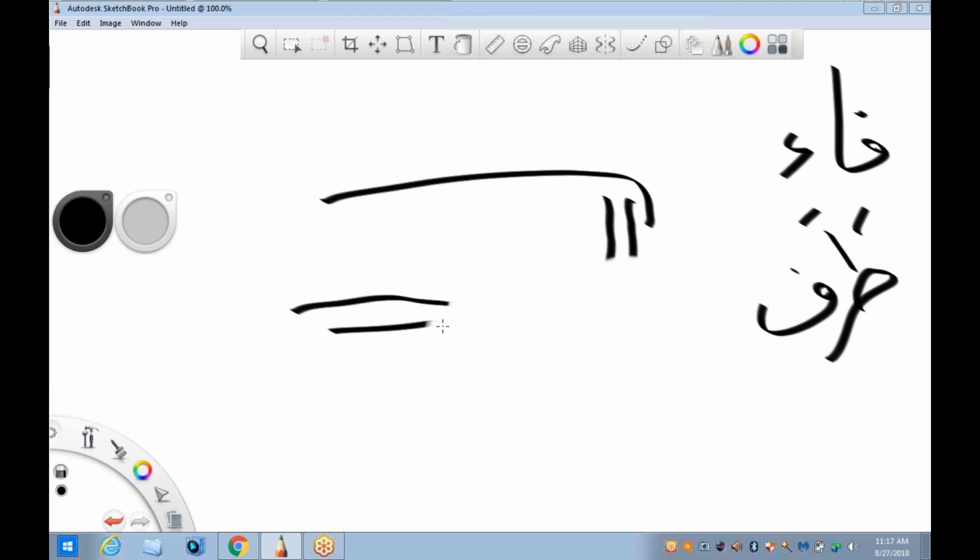This is the tip of the front teeth and what?